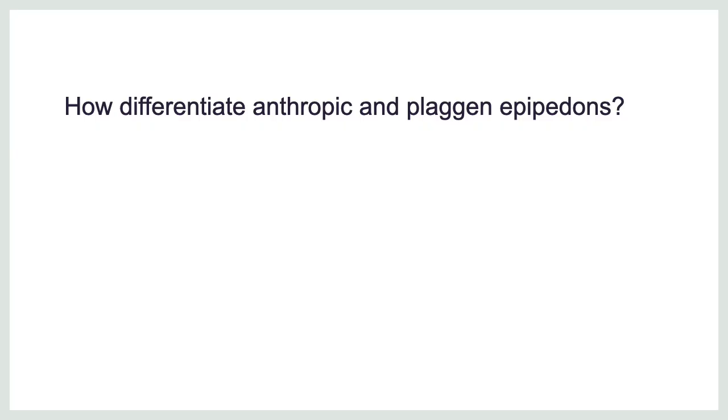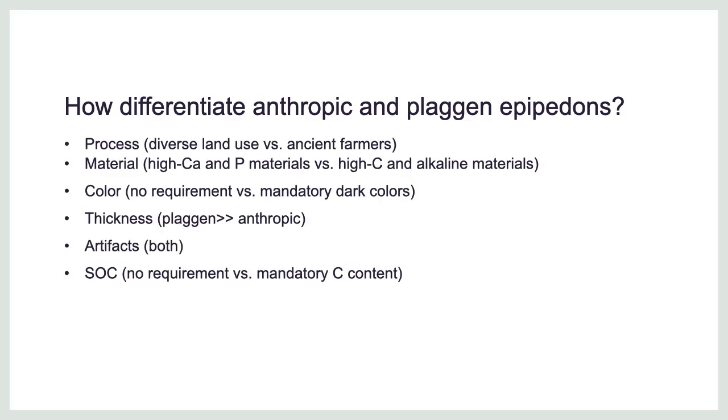A lot of students always ask me, how can we differentiate anthropic and Pelagian patterns if both are related to human action? Well, let's see. The process, first of all: the anthropic patterns are related to different types of land uses, and the Pelagian patterns are more related to ancient farmers that tried to increase the soil fertility in some areas, adding organic material, okay?